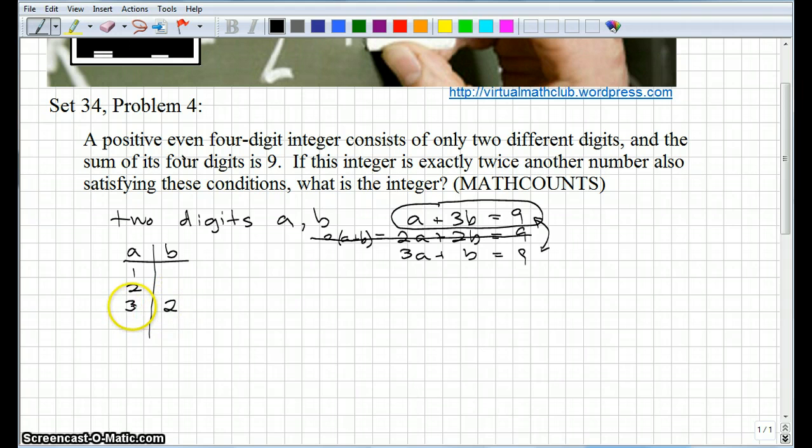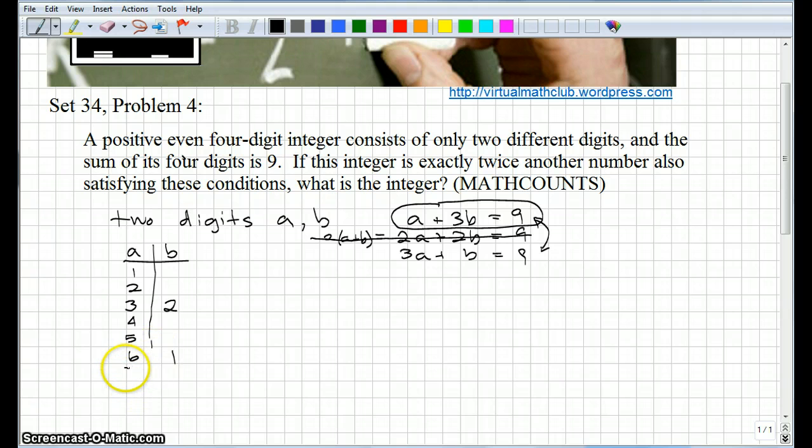So you could have one 3 and three 2's, and that would add up to 9. 4 doesn't work because the B's would have to add up to 5. 5 doesn't work because the B's would have to add up to 4, and you get 3 of them. That doesn't work. If A is 6, then the B's would have to add up to 3, and so the B could be a 1.